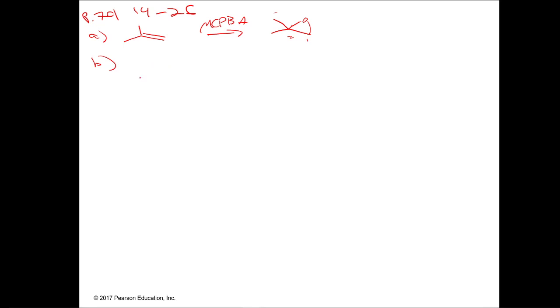1-phenylethanol into 2-phenyloxirane. Now this would be 2 steps.